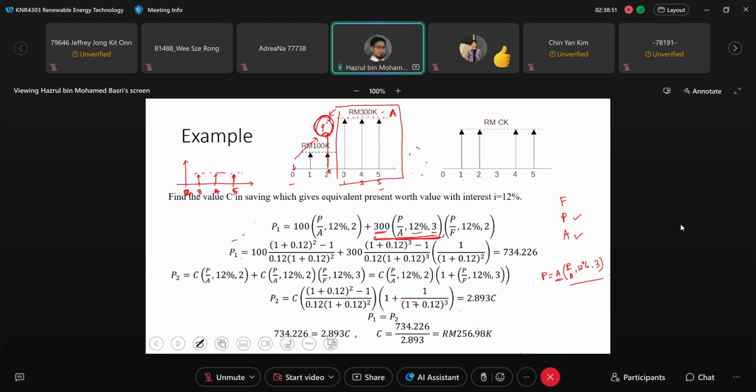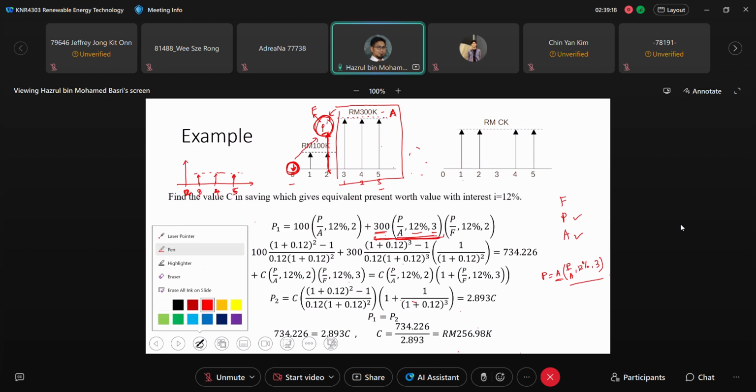I repeat, from this point of view, this value is the future value. So this one is basically F, the future value, from the point of view of this point.